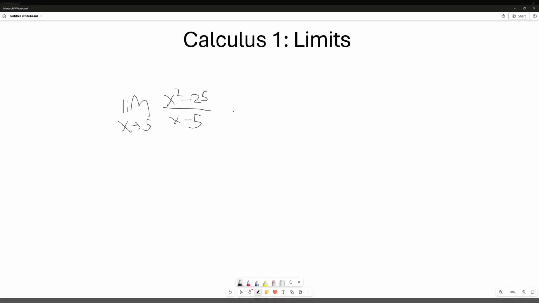So how can we solve this problem? We're already given that x approaches 5, of x squared minus 25 over x minus 5.